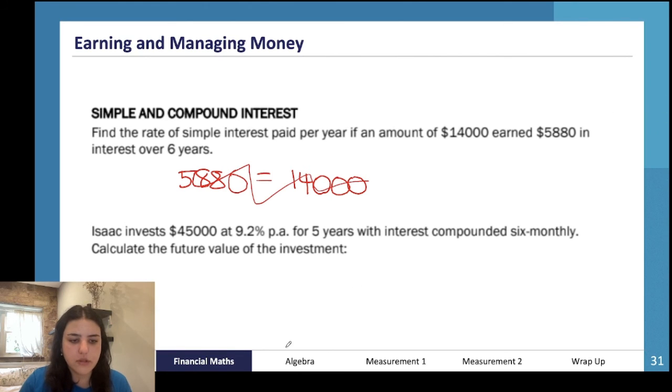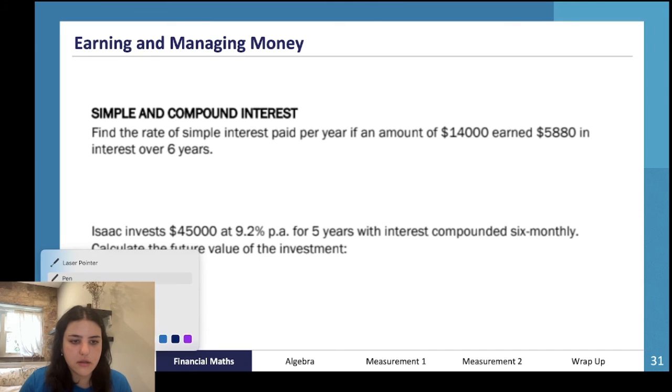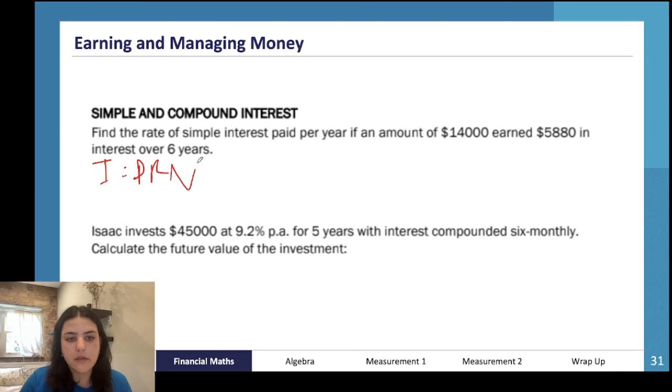Scrap that. Hold on. Did that the wrong way around. Okay, so our formula, where's my pen gone? For simple interest is I equals PRN. Our interest was 5,880. Our principal was 14,000.